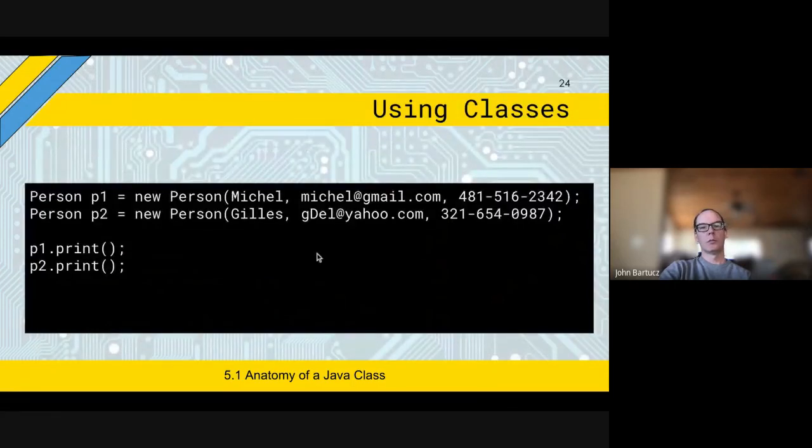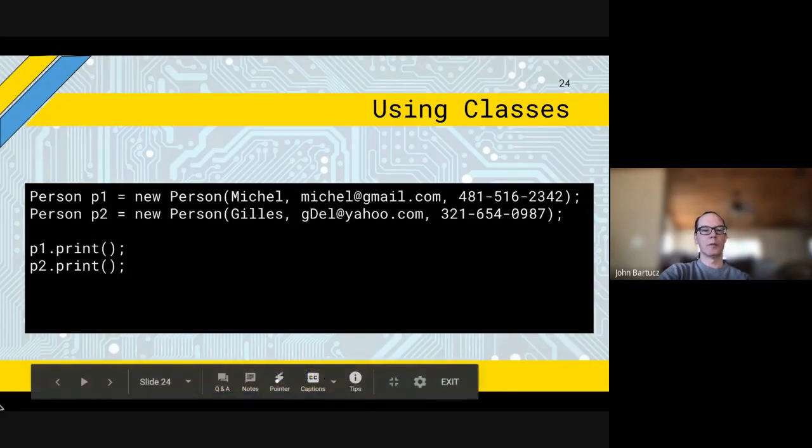So here are some examples. We can now use it to create a person. We're going to call it P1. We could call it whatever we want, person 1, P1, Mr. B, whatever. We call our constructor, and these should be in quotation marks. That is actually really bad that they didn't do that.